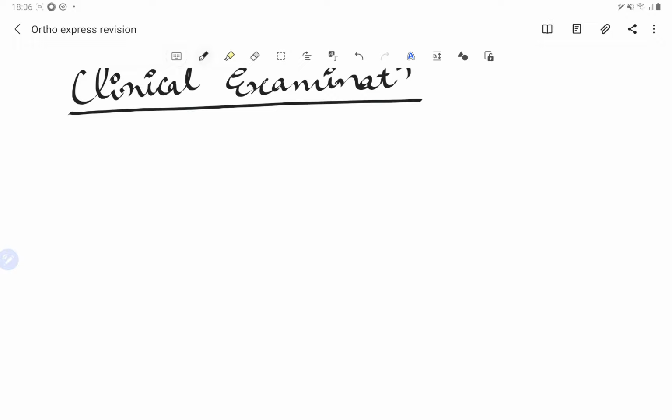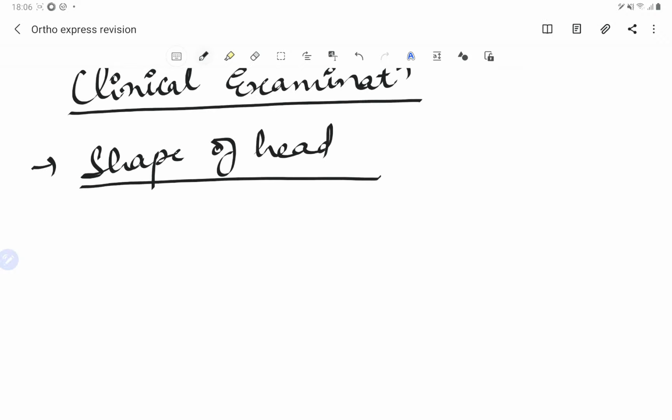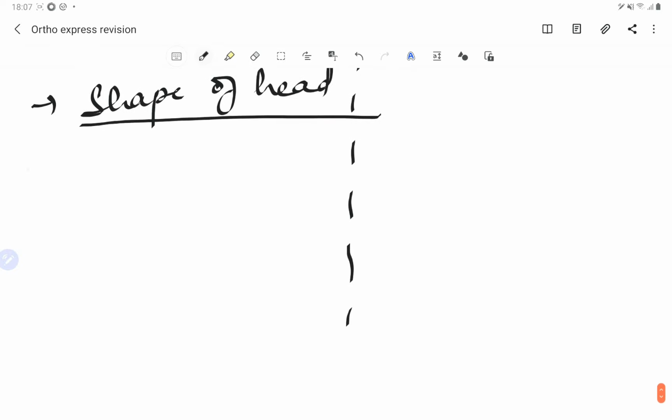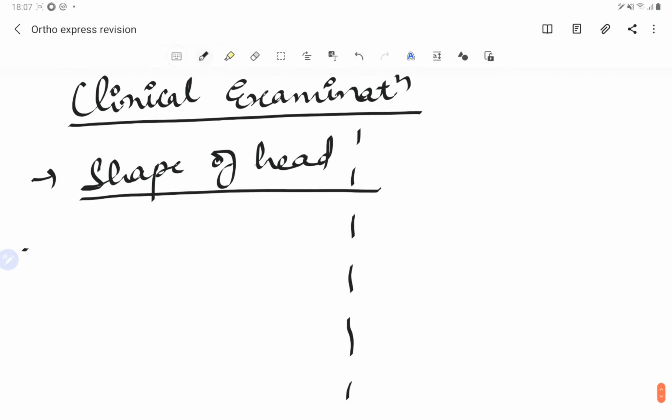So starting with the shape of the head, it is classified into meso. On this side we are going to write the shape of the head, and on the other side we are going to write the facial profile.